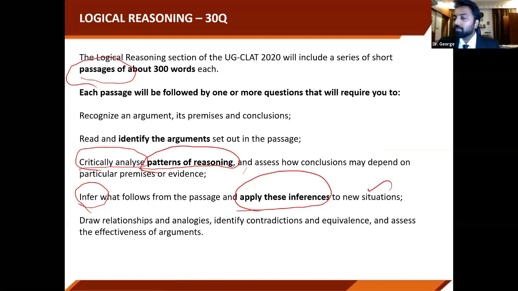So as part of logical reasoning and quantitative techniques, specifically we'll pick out those questions of CLAT 2020, try and analyze them and understand them. We'll set the ground tomorrow when we have the classes. That's what we'll do as part of our logical reasoning session and quantitative techniques session.